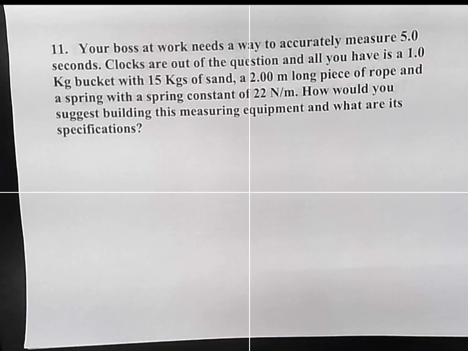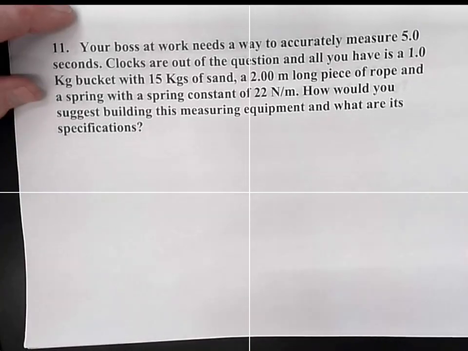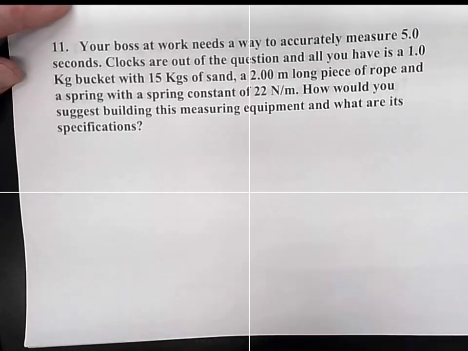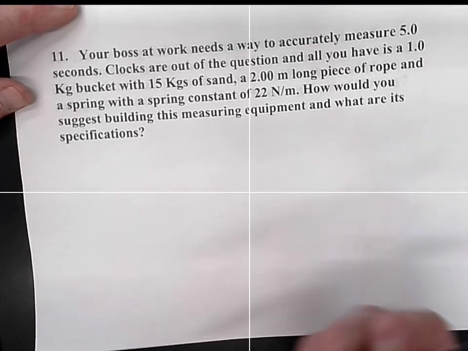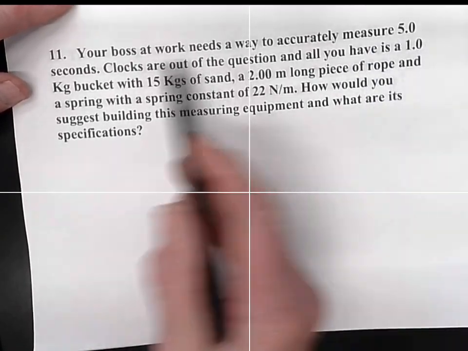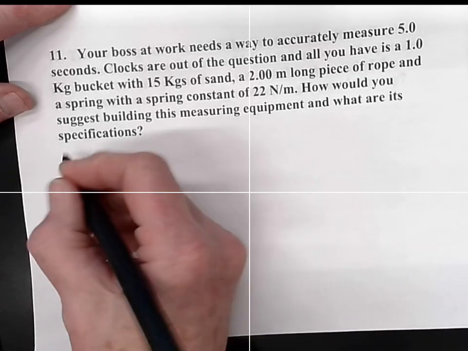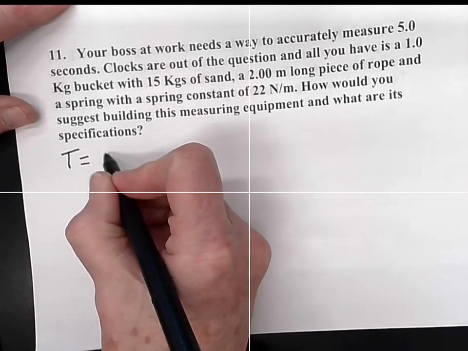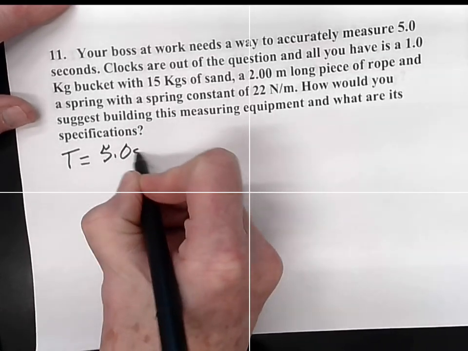Now number 11 is another mass problem here. So it says, your boss at work needs a way to accurately measure 5.0 seconds. So starting off then, the period is 5.0 seconds.